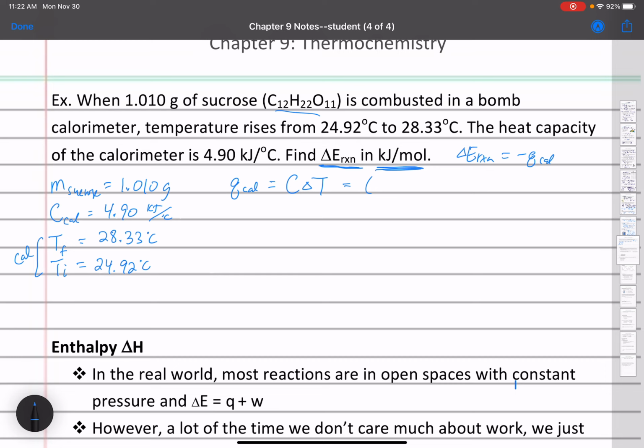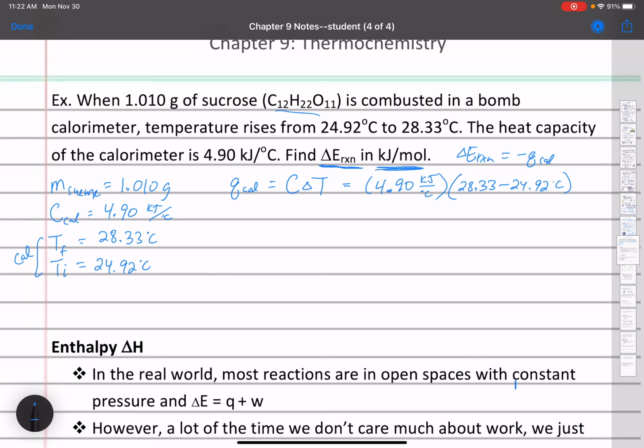So the calorimeter is gaining energy, the reaction is losing energy. All right, so the heat capacity is 4.90 kilojoules per degree Celsius, and our change in temperature is 28.33 minus 24.92 degrees Celsius.